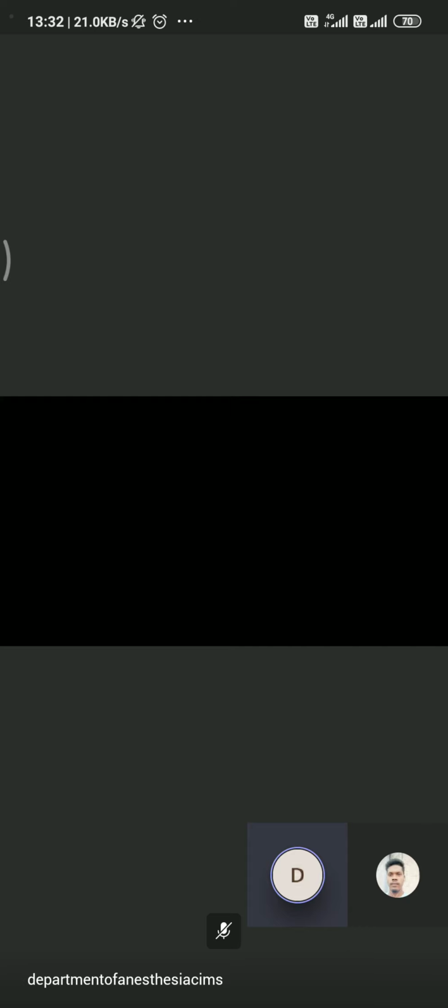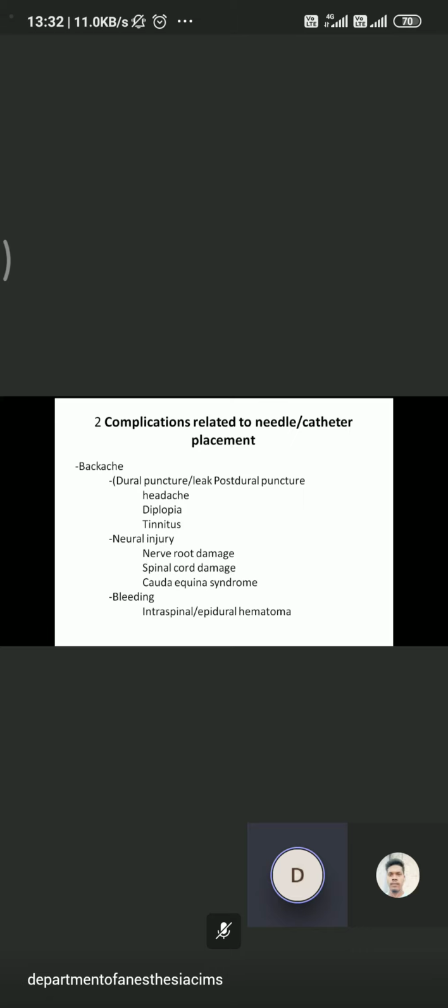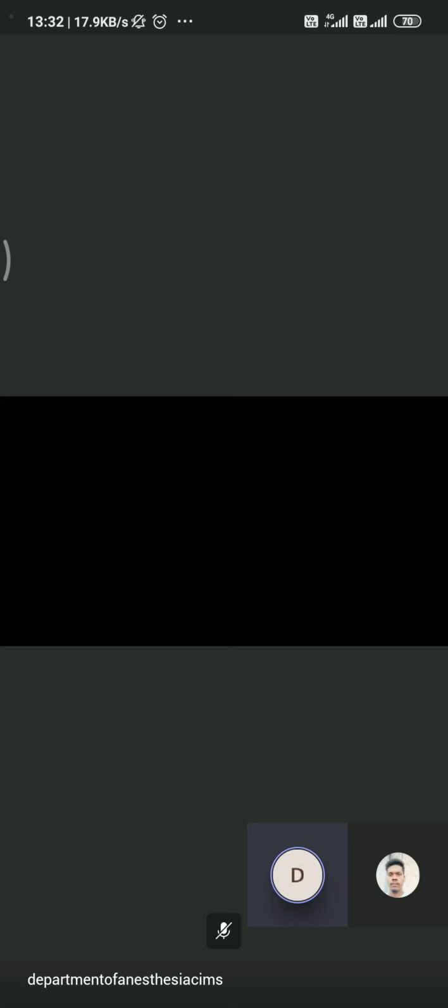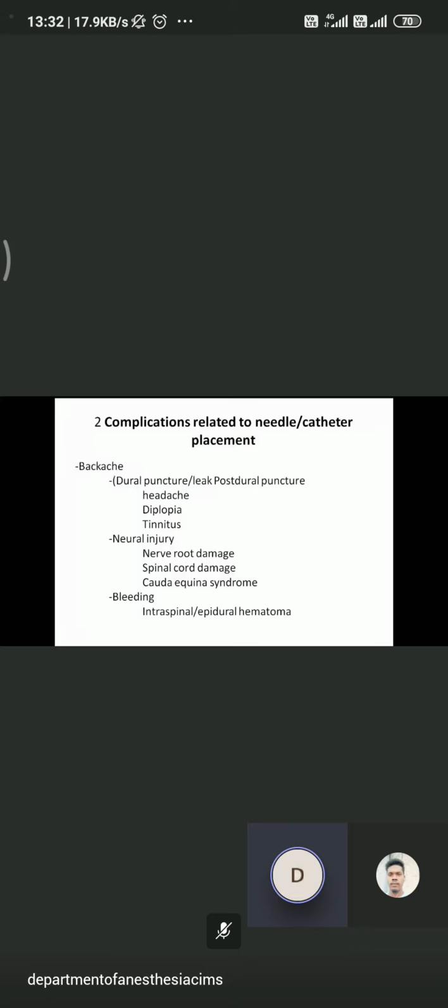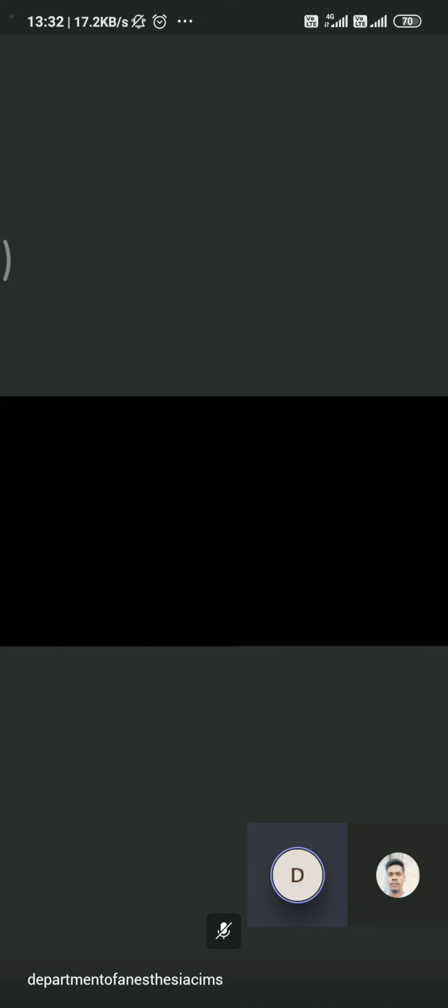There may be cauda equina syndrome, bleeding, and intraspinal epidural hematoma because of some coagulopathy. And if you have not practiced a sterile technique, there may be meningitis, epidural abscess, etc., infection at the site of injection.